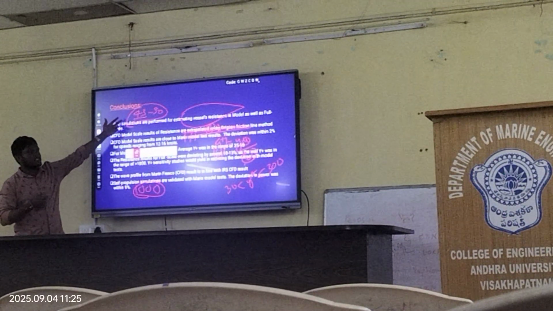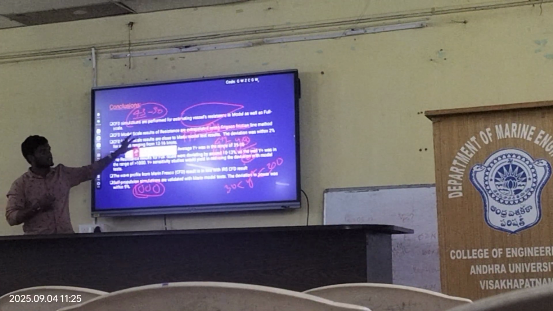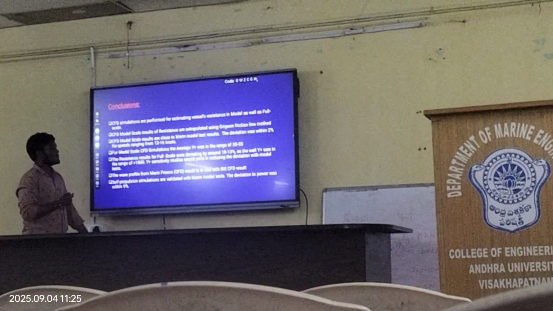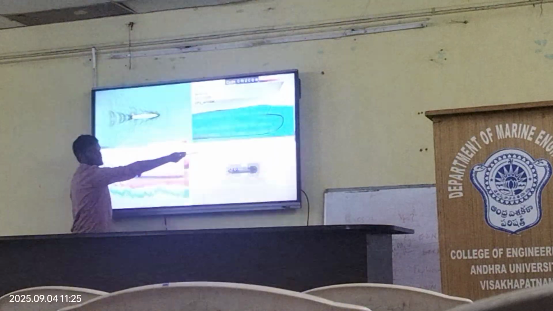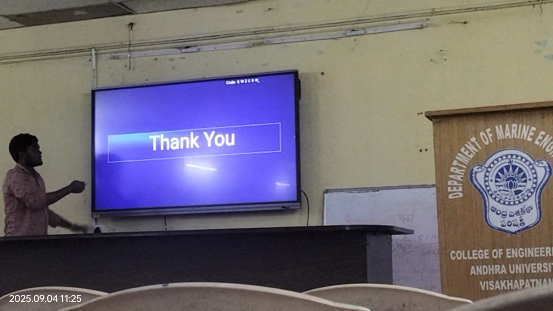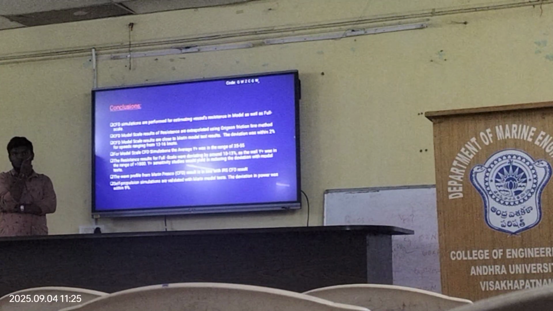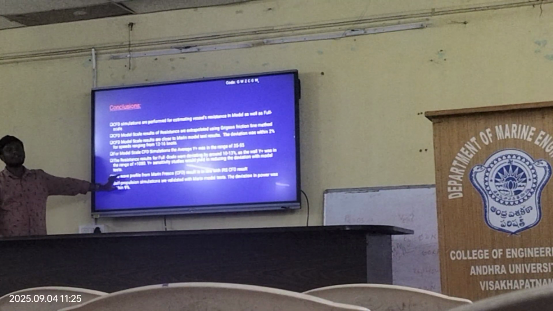And so model scale results are used for calculating full scale by extrapolating using the friction line. So that's what I have mentioned here. Y plus was in the range of 35 to 55 and greater than 1000. So mesh sensitivity studies would yield better results, and the wave profile is compared with marine results.